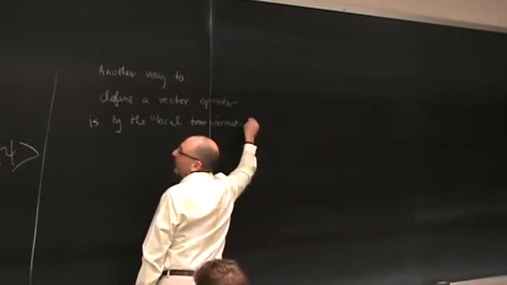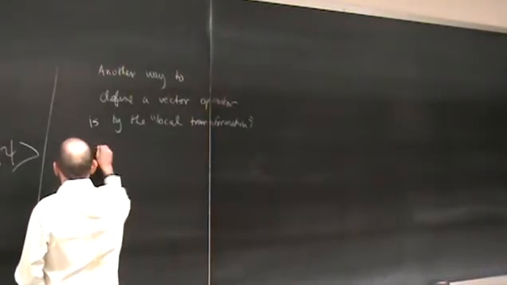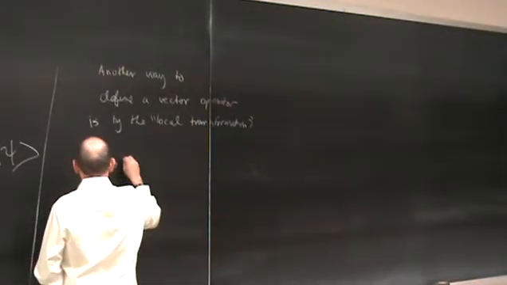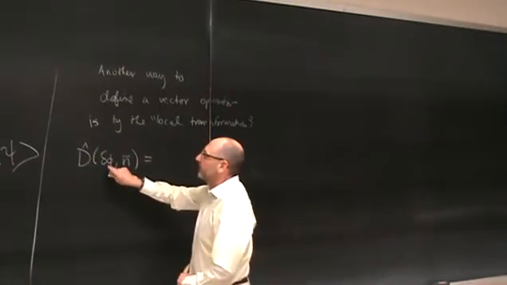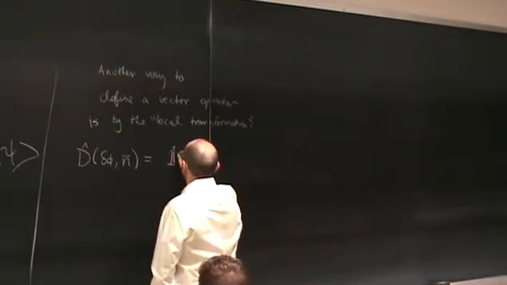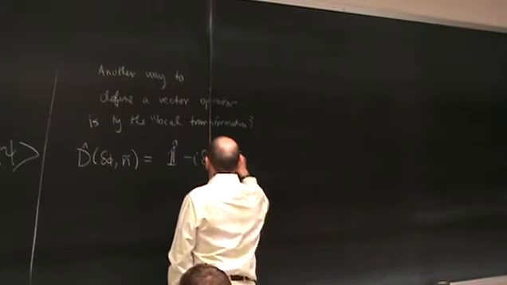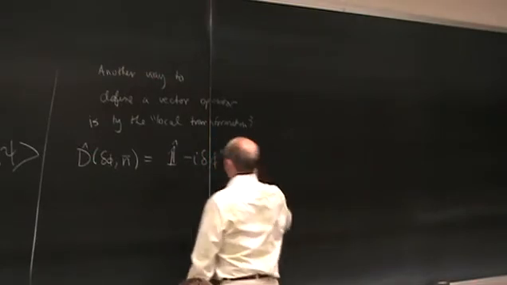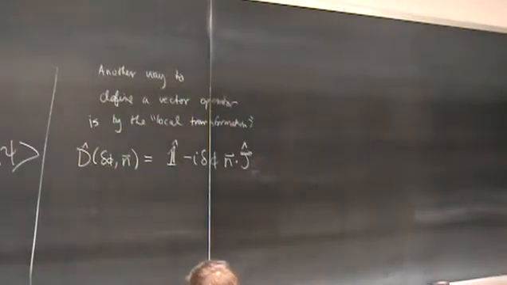So if I look at a rotation operator for a small angle delta phi approaching a differential, that's the identity minus i, for small delta phi.